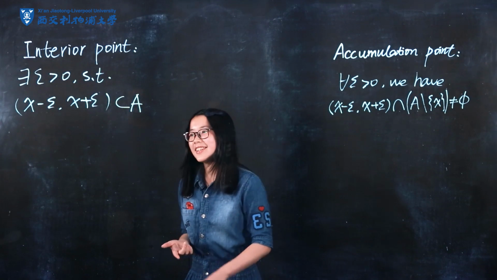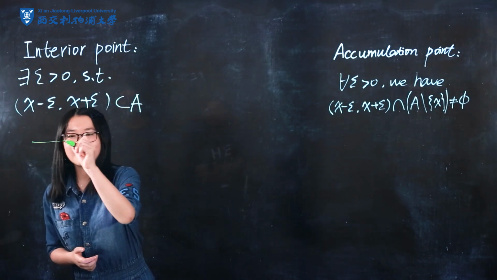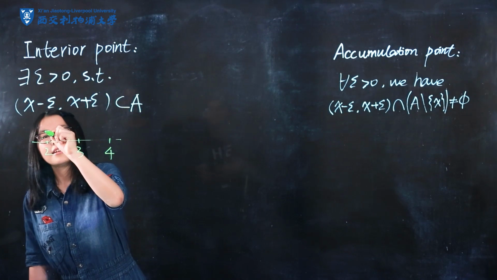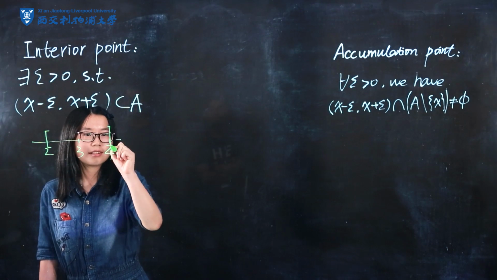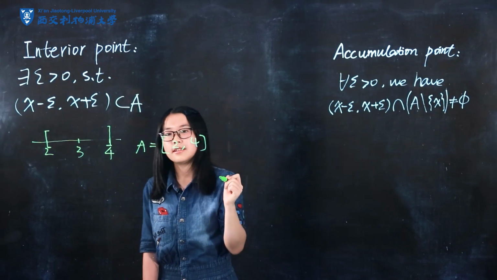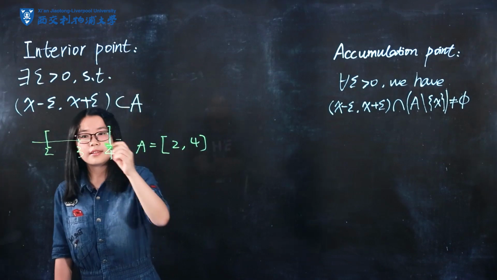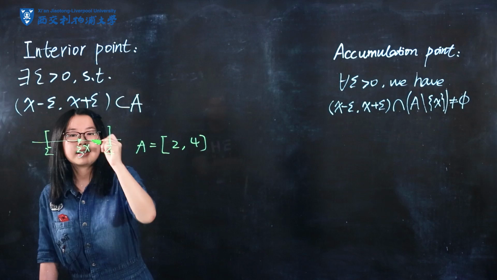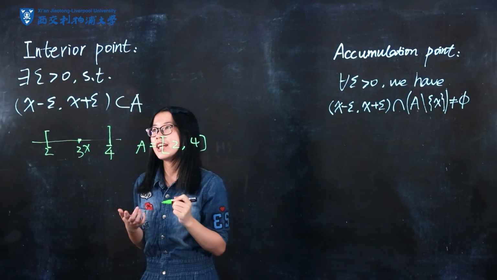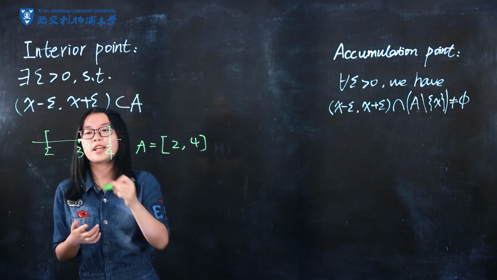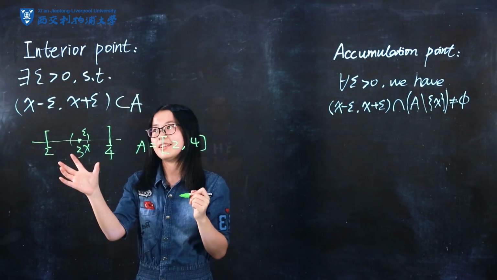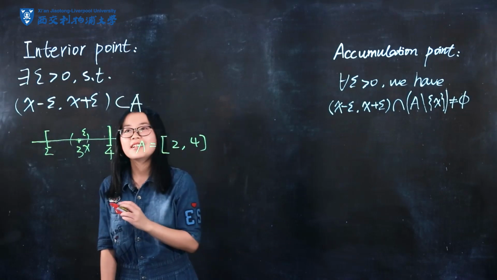Let me give you an example. A is defined as 2 to 4, and the endpoints are contained in A. If we take x like this, then x is an interior point, because you can find some epsilon such that this small set is contained in the set A. Let's say another example.